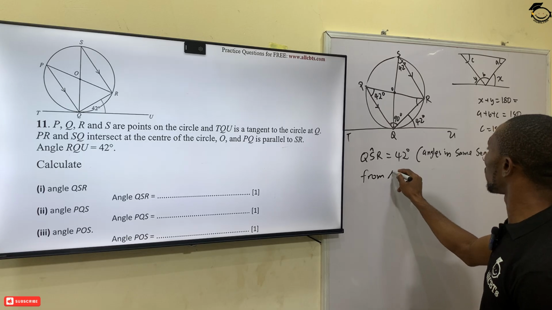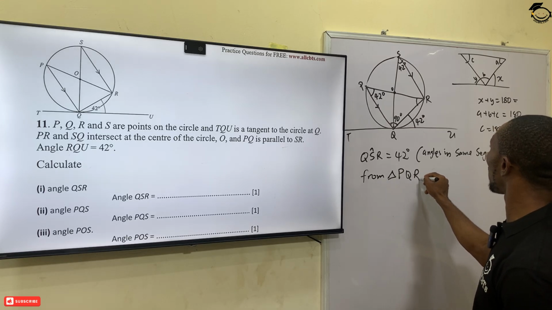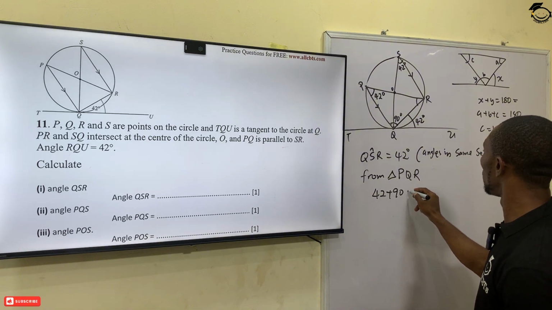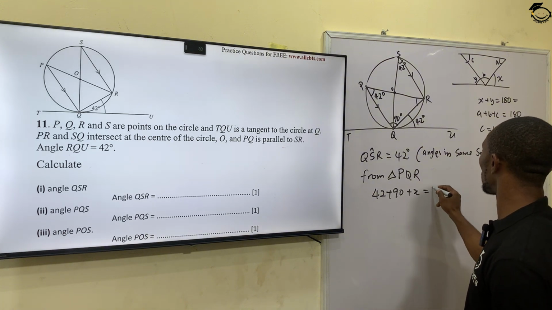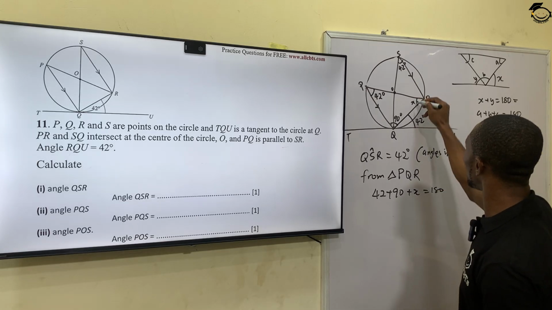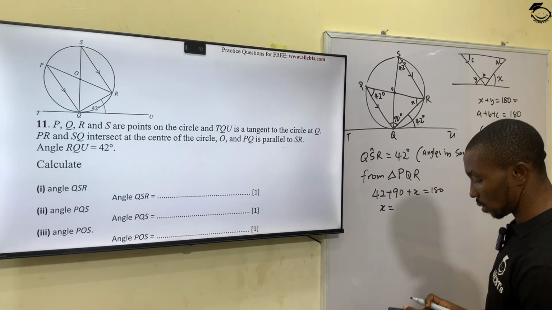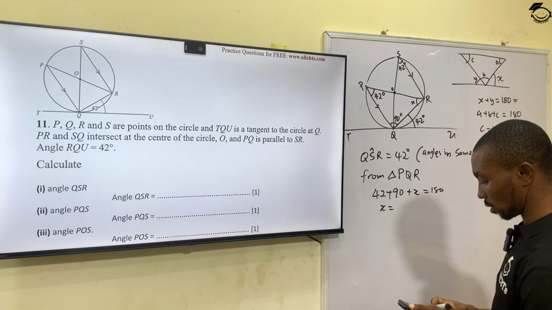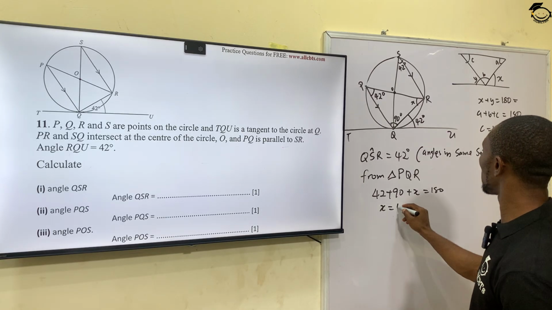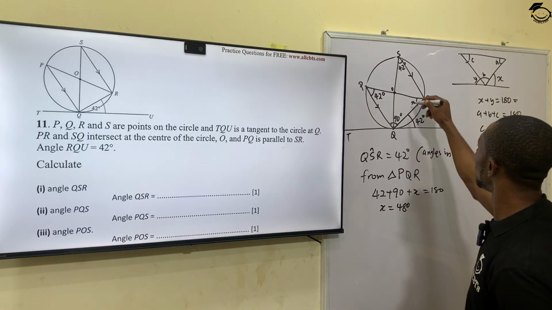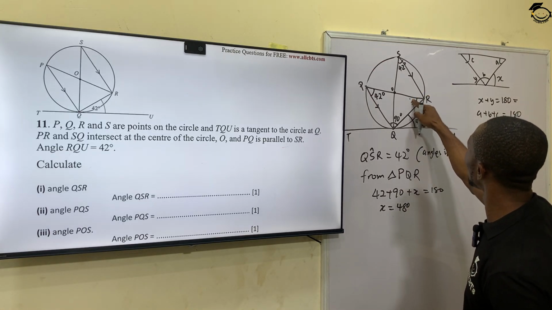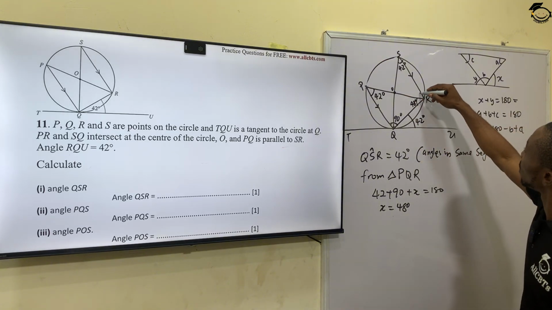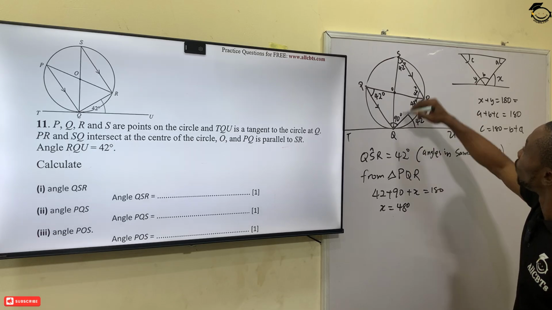From triangle PQR, we have 42 plus 90 plus x equals 180. So our x becomes 180 minus 90 minus 42. So x gives us 48 degrees. So here it will be 48 degrees, and this is also 42 degrees.